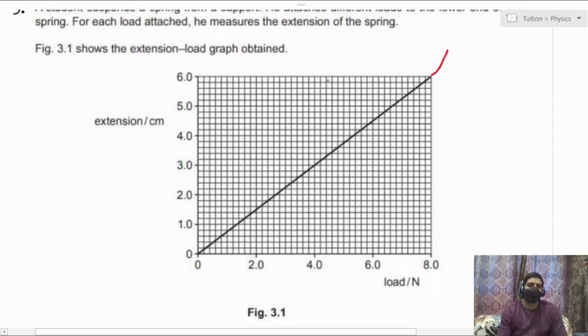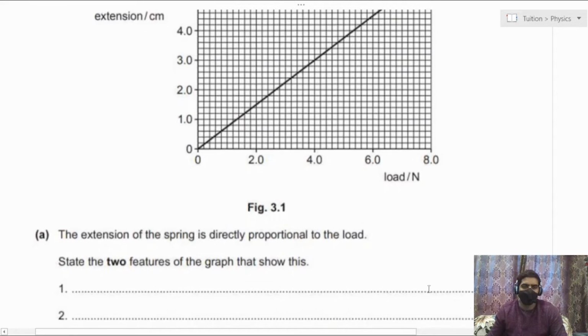If the extension were given on the x-axis and the load on the y-axis, then your graph would bend towards the x-axis once it reaches the limit of proportionality. But so far we have to do nothing with that concept. Let's move on to the question.